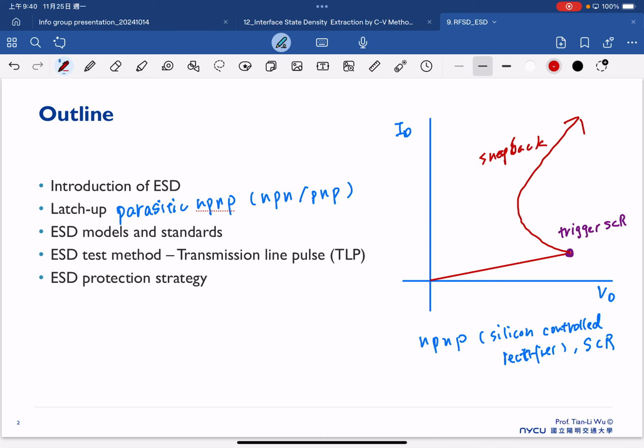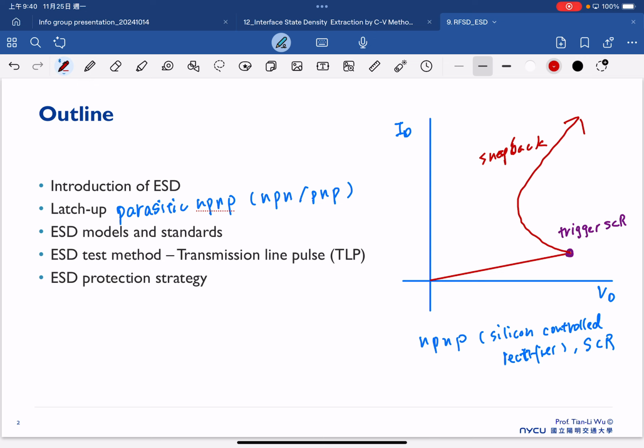Sometimes it is also related to thermal damage, because at this moment we have a huge power existing in our transistor. So in this chapter we will try to understand why there's latch-up, or sometimes we call it snapback issues. We will also talk about how we can qualify our product to a certain ESD standard.